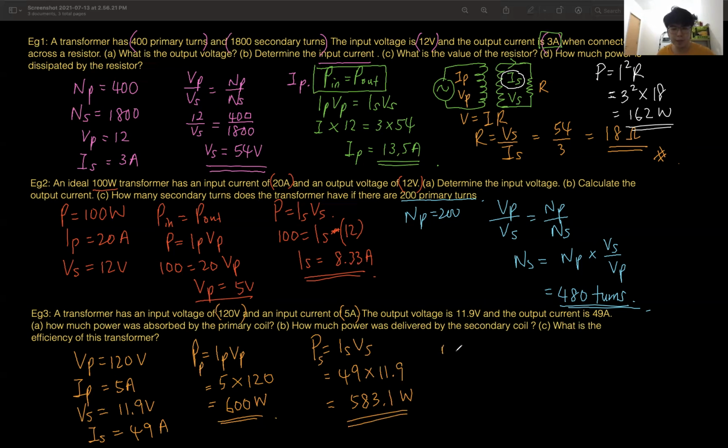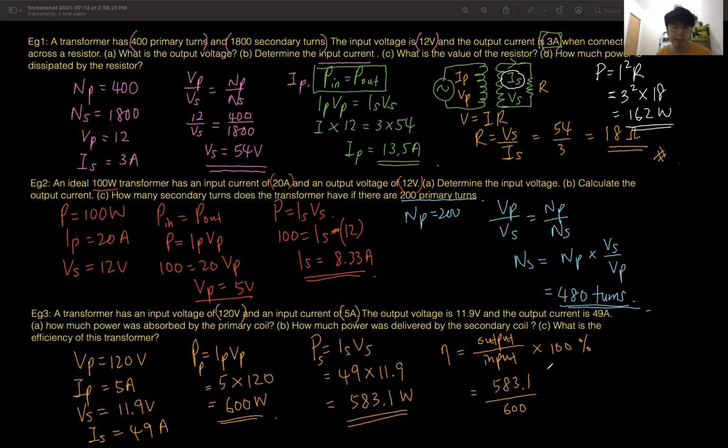Okay, efficiency, the symbol like this, equals output over input times 100%. What is this? This is power. Power output over power input. So 583.1 over 600. The output will always be smaller than the input.